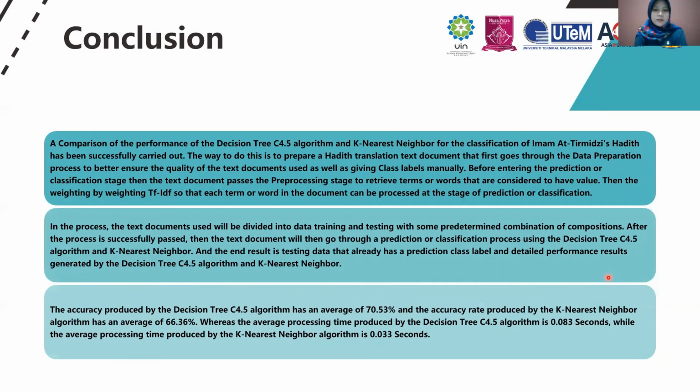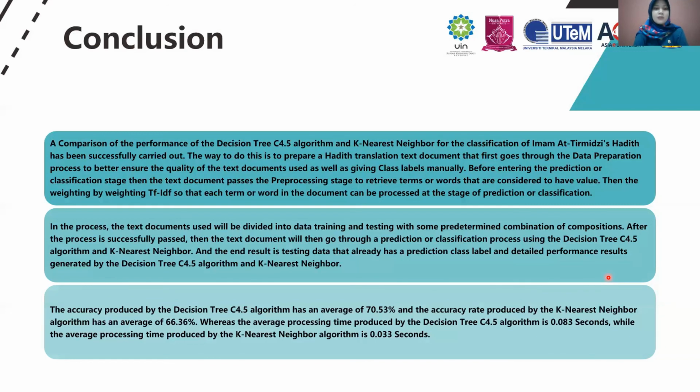And then we conduct the classification using decision tree C4.5 and k-nearest neighbor for classifying the validity of hadith. And the accuracy produced by decision tree C4.5 algorithm is around 70.53%, and the accuracy of k-nearest neighbor is around 66.36%.